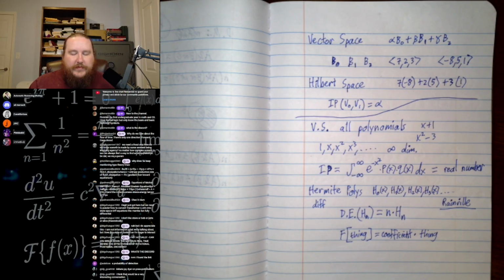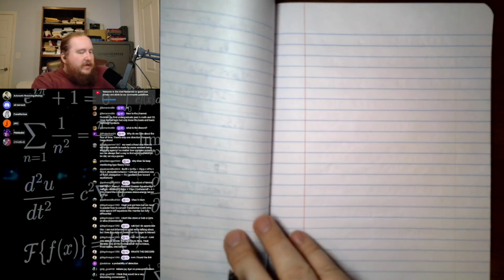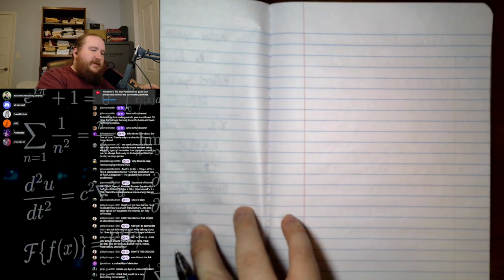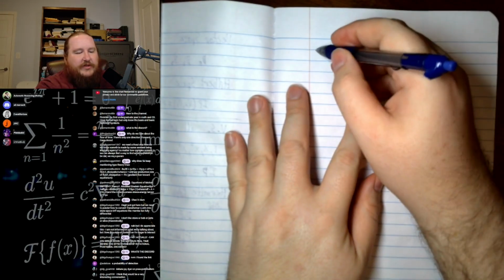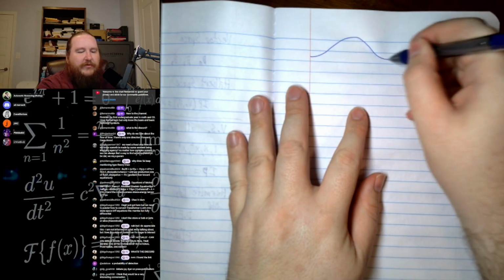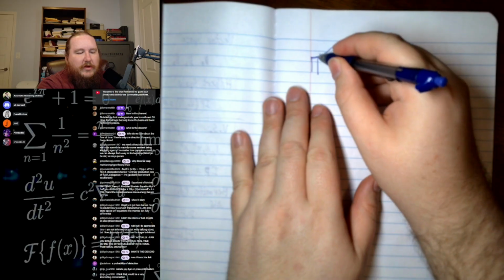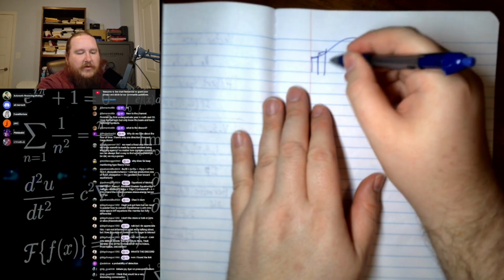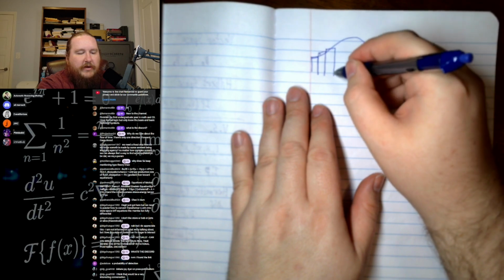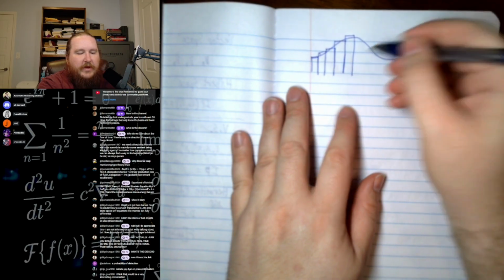The only way I can think of is just thinking in terms of the proof. So I have a rectangle, then I get a rectangle, then I get a rectangle, and they don't have to be perfect approximations.